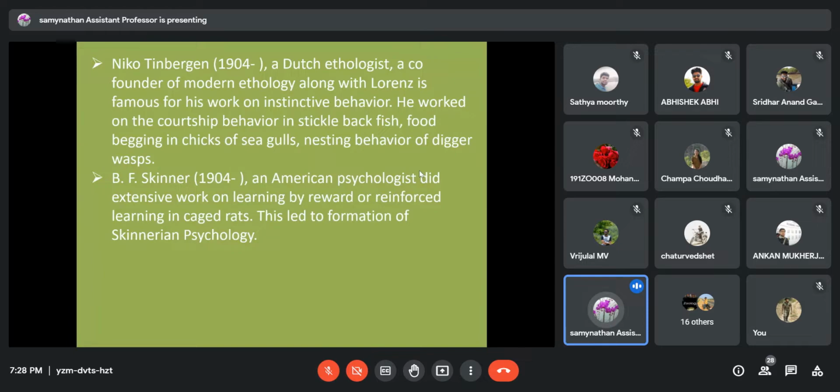He was more of a book writer, but at the same time, he is relevant to the animal behavior part. An American psychologist, he did extensive work on learning by reward, on reinforced learning in caged rats. This led to the formation of behavioral psychology.